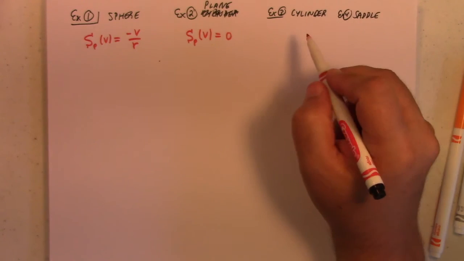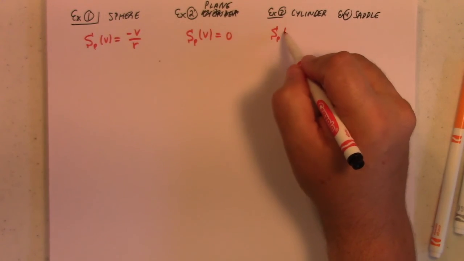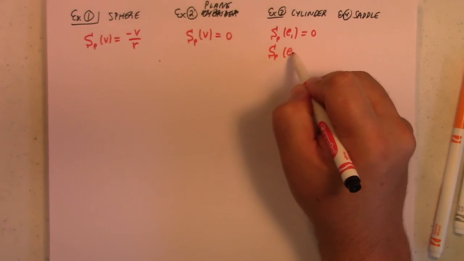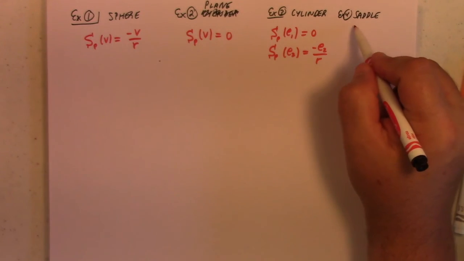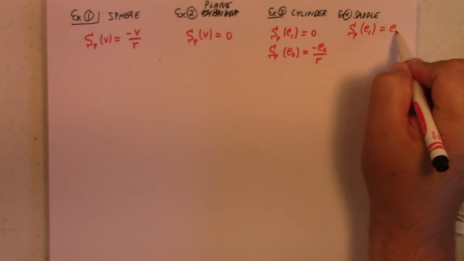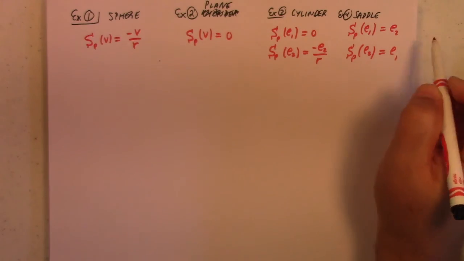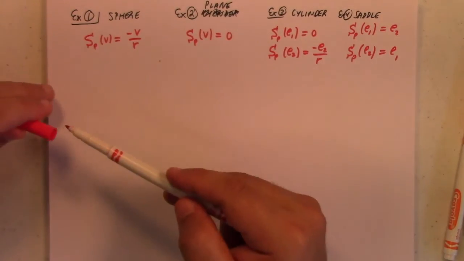For the cylinder, the shape operator at the point P acting on E1 was 0, but the shape operator at any point P acting on E2 was minus E2 over R. And finally, for the saddle, the shape operator acting on E1 was E2, and acting on E2 was E1.